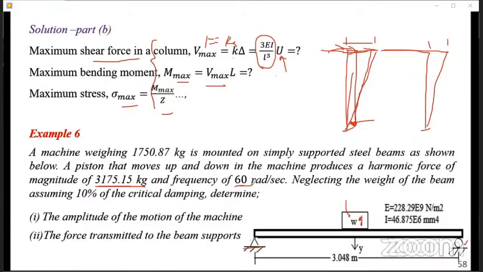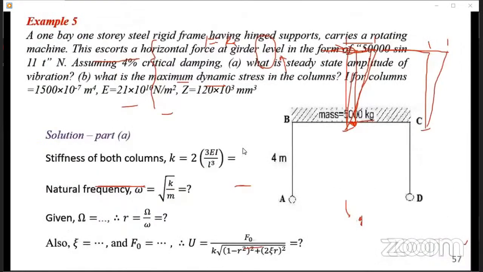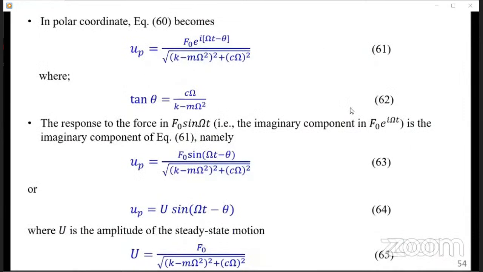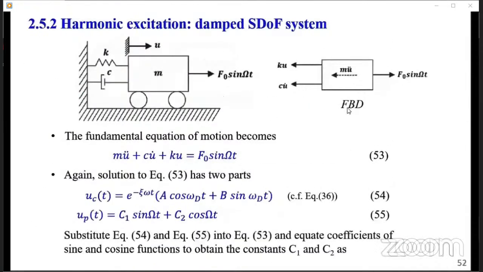No. Why no? Because if you do it like that, you'll be confused. If you look at our expression here, the externally applied force is F naught sine omega t.